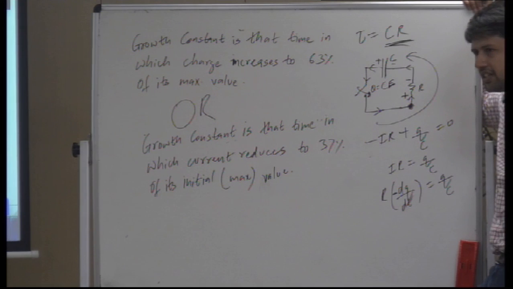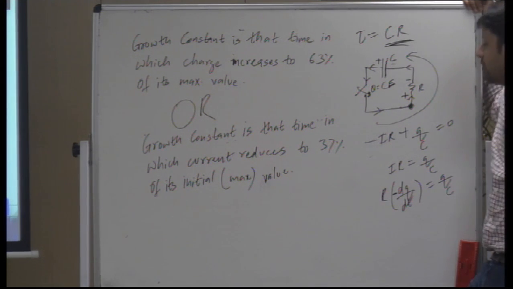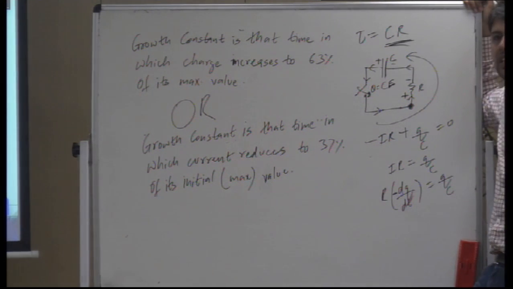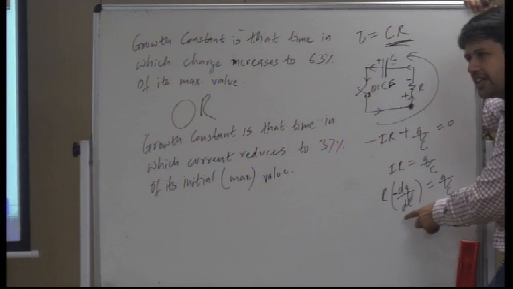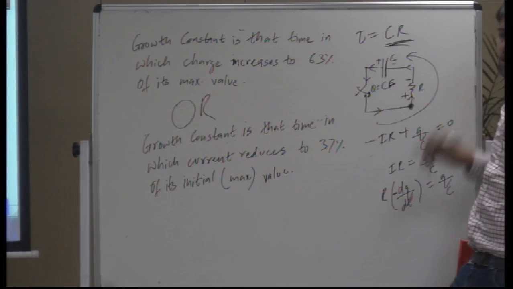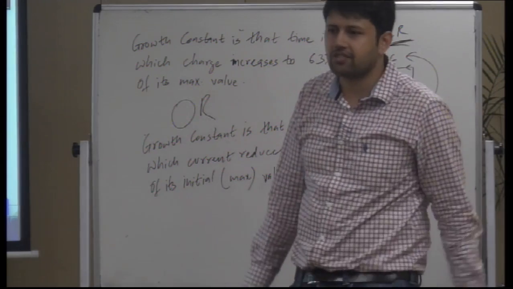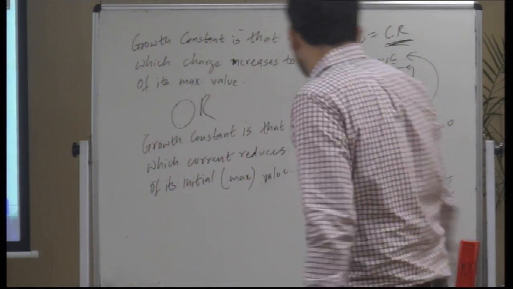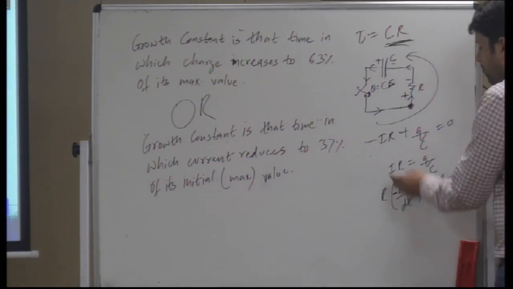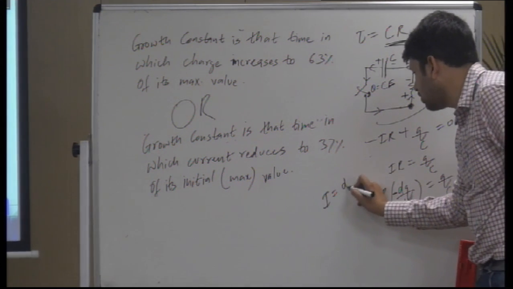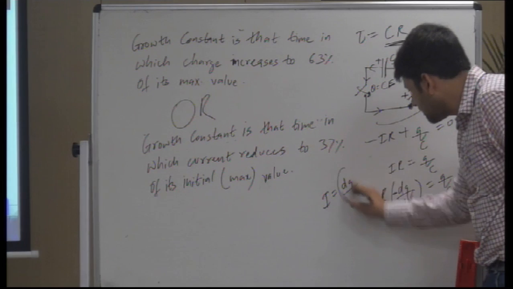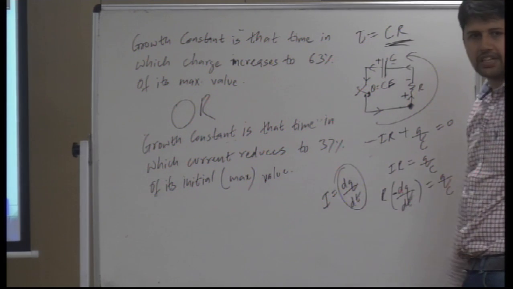When charge is decreasing, the rate of change of charge, the rate of flow of charge, is a negative quantity because Q is decreasing. So dQ by dt would be negative, and if I take current as dQ by dt, the current would be negative.